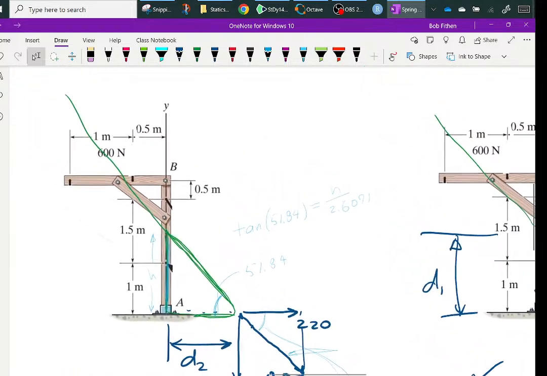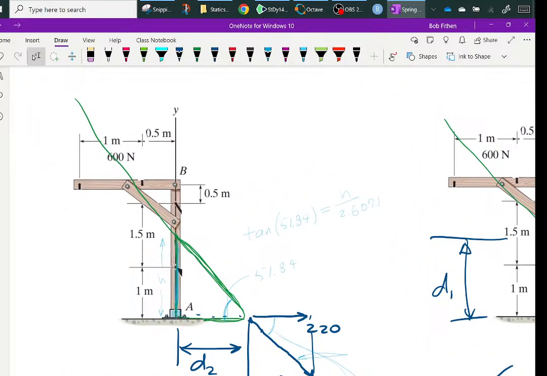The next thing is, where does it hit the top here? You can do it off of either one of these, but it doesn't really matter. So the next thing I need to do is this. Here's my new triangle.